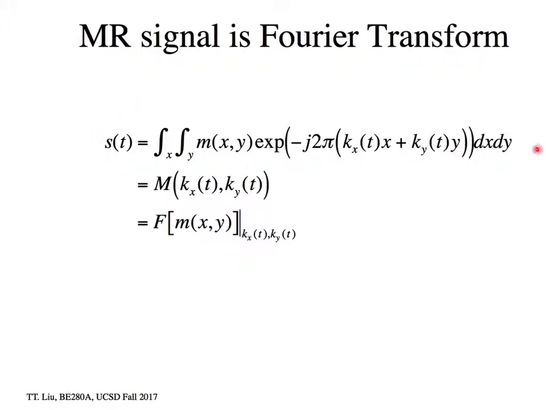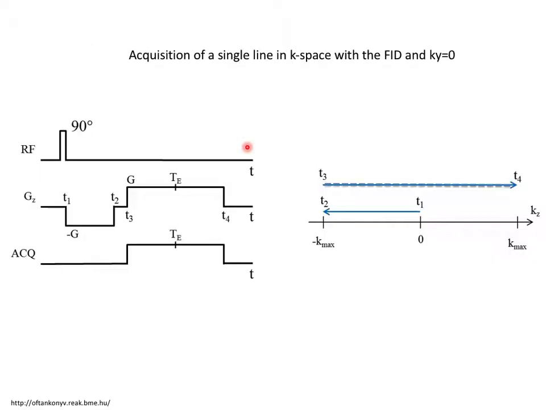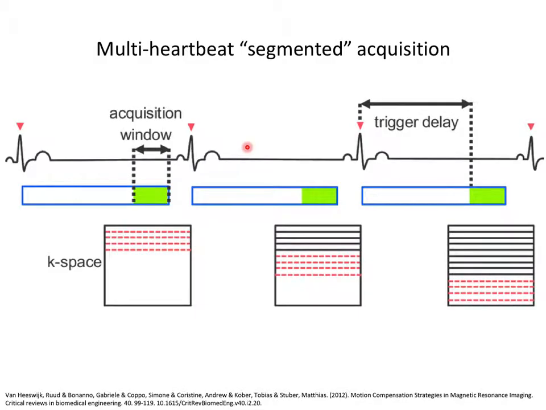This equation, while valid, if we made m a function of t, it gets complicated, as to which t we are talking about when we want to reconstruct a picture. So normally in cardiac MR, what is done is you measure the EKG of the patient, and this is a cartoon of an EKG.